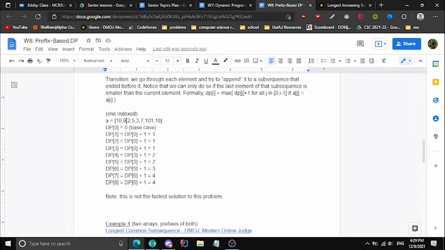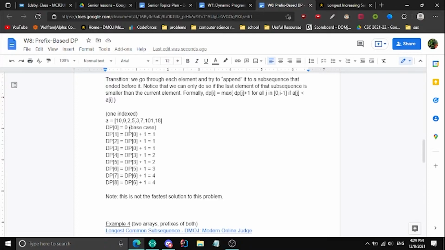I take 9, look at whatever's before it, and realize there's no subsequence that I can add to, so my dp value for dp at 2 would still be the continuation onto the empty subsequence, which is dp at 0, plus 1, equal to 1. The same thing with a 2. There's nothing before 2 that's smaller than 2.